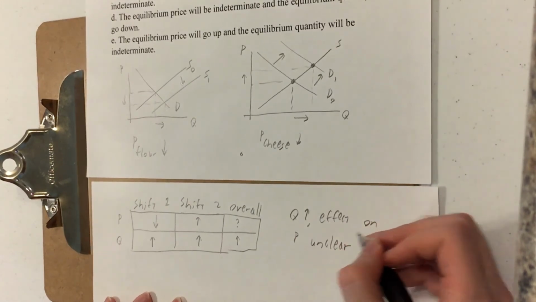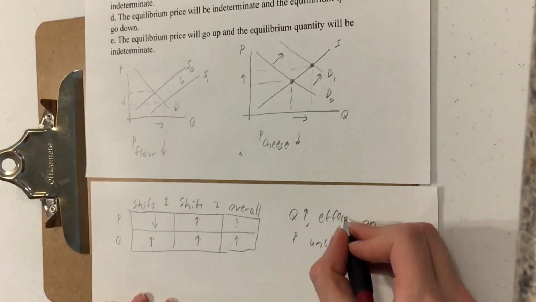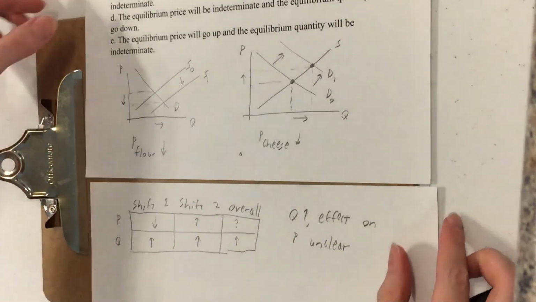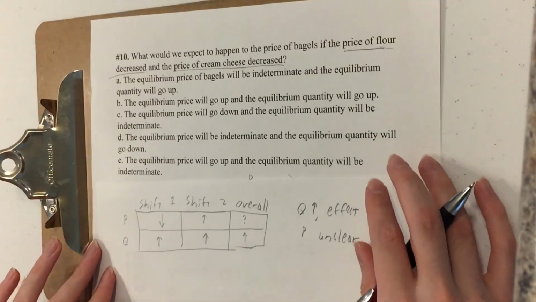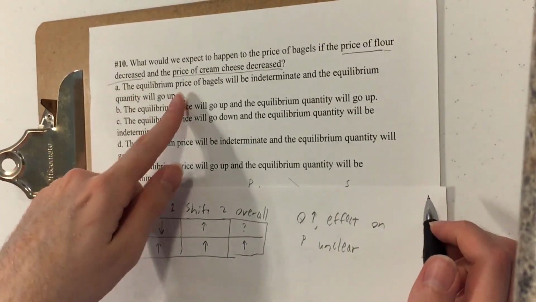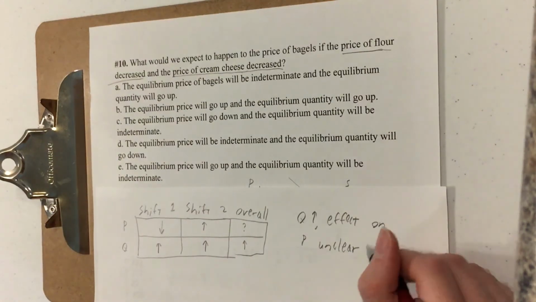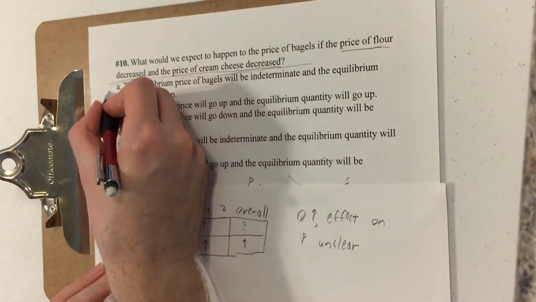They don't always cancel out. One effect might be bigger than the other one. We don't have enough information right now to say which effect is bigger, so that's why I say effect on P is unclear. So let's go and look at our options. So this says price will be indeterminate or unclear. Quantity goes up. Oh, that's what we said over here, so that has to be right.